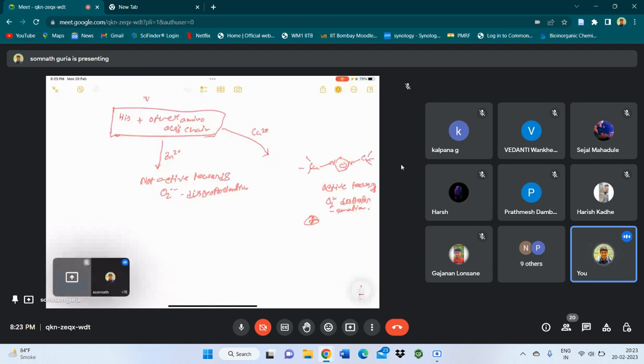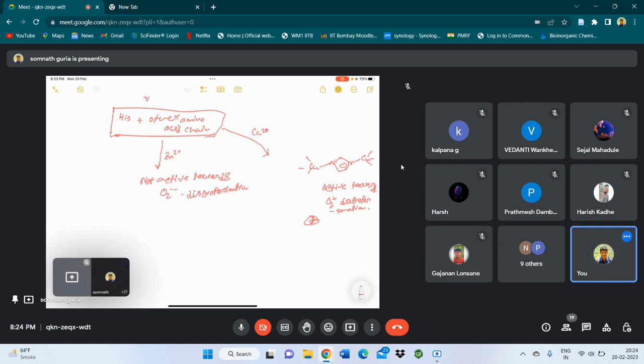This protein is denatured, meaning the protein structure is breaking, and the enzyme is not stable at a higher temperature. So it has an issue with thermal stability.